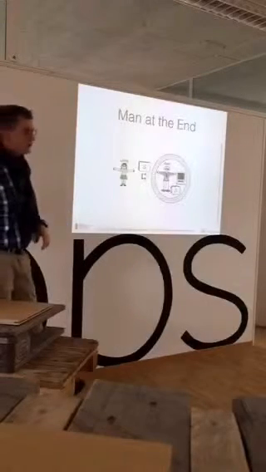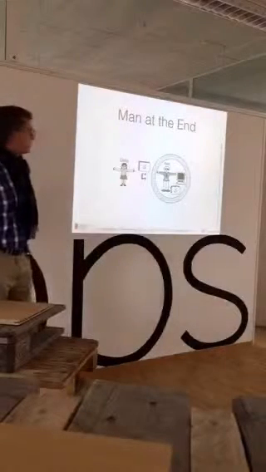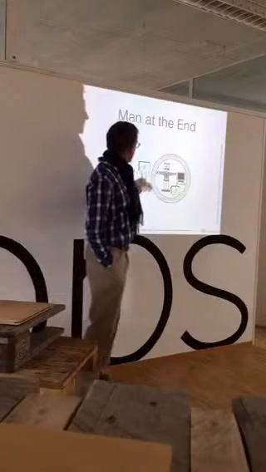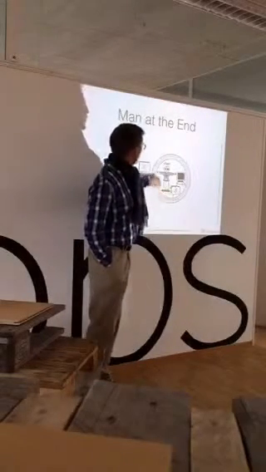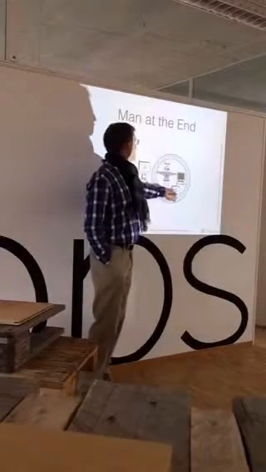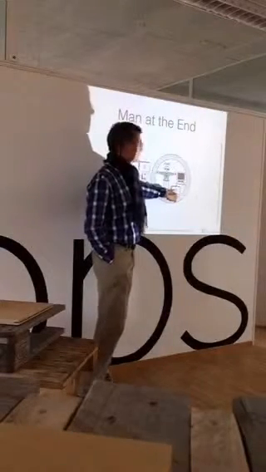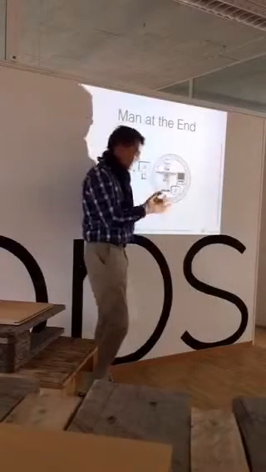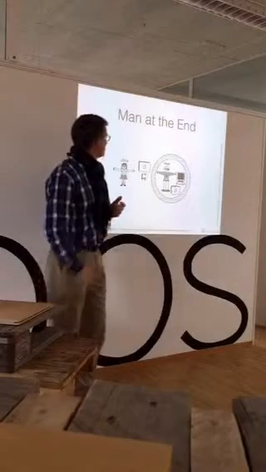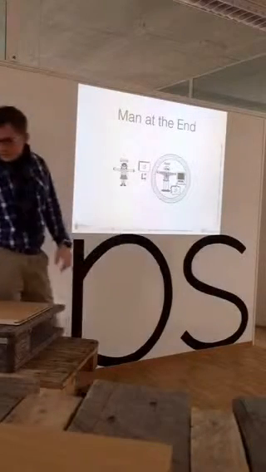The man at the end is very different, and it's really the threat model of software, because when you ship software, the guys who will attack it will be inside a very protected bubble, and he will have a lot of time and a lot of freedom to do everything he wants with your software. It will just not communicate with the outside. He has your binary in his hands, and he can begin to play with it. And this is really a problem of your software. This is the problem of the man at the end.